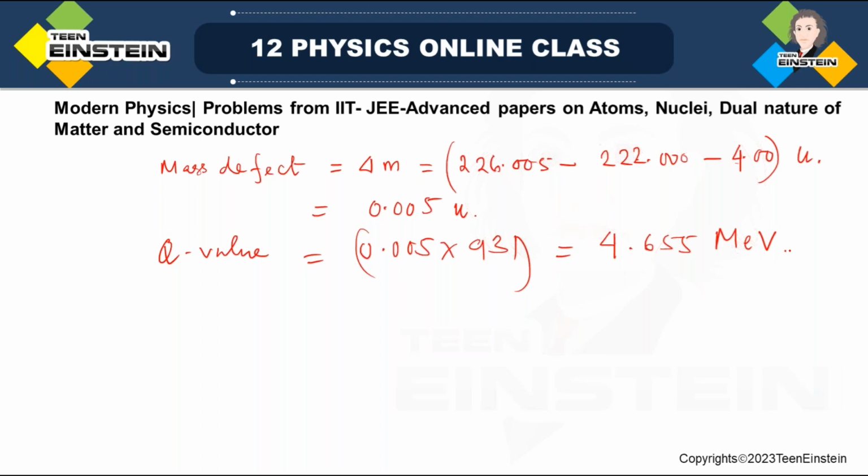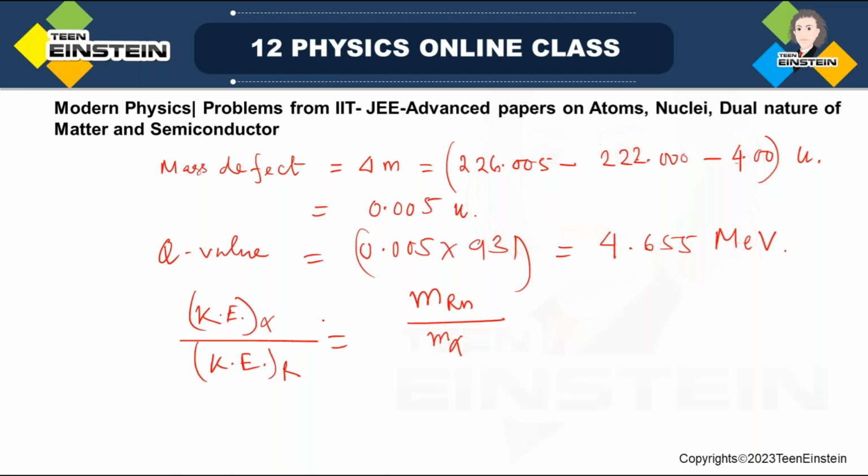Okay, again we know that from the conservation of energy and conservation of momentum, we reach this equation as well. This is already known to us. So suppose the kinetic energy of the alpha particle divided by the kinetic energy of the daughter nuclei, the ratio of that can be written as the mass of the radon to the mass of the alpha particle.